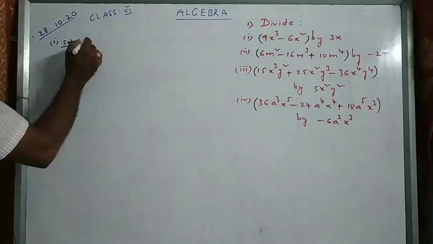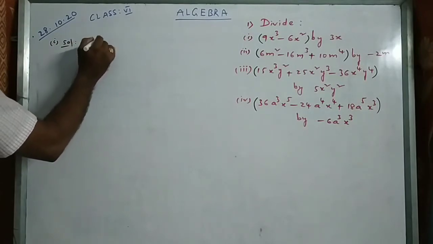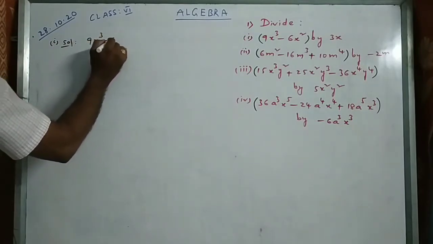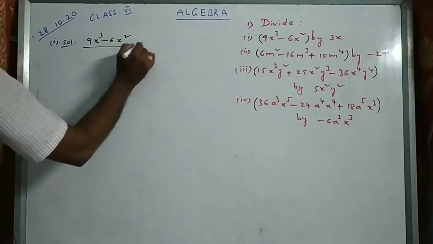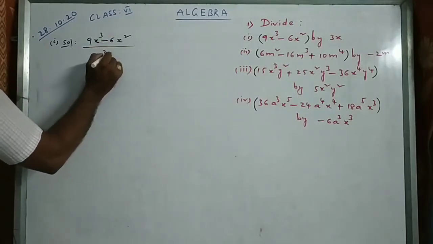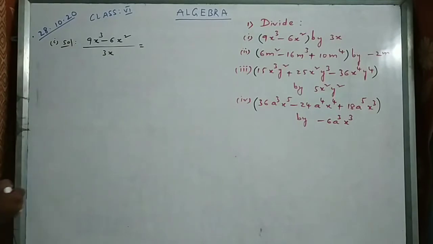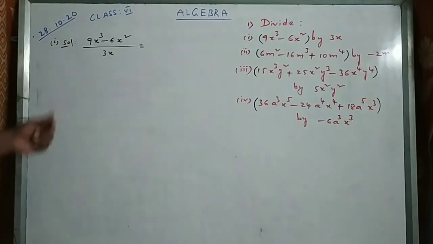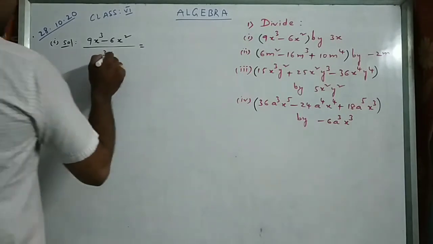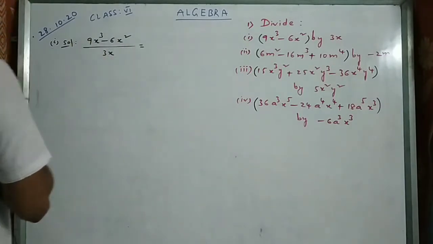First one, solution: 9x cube minus 6x square upon 3x. How do we divide this type of problems? Numerator is binomial, denominator is monomial. So what should you do?